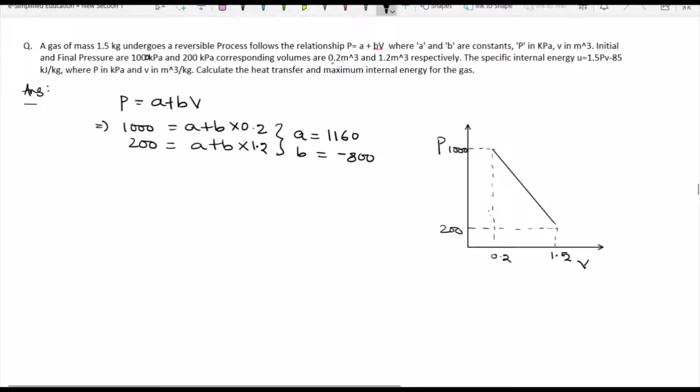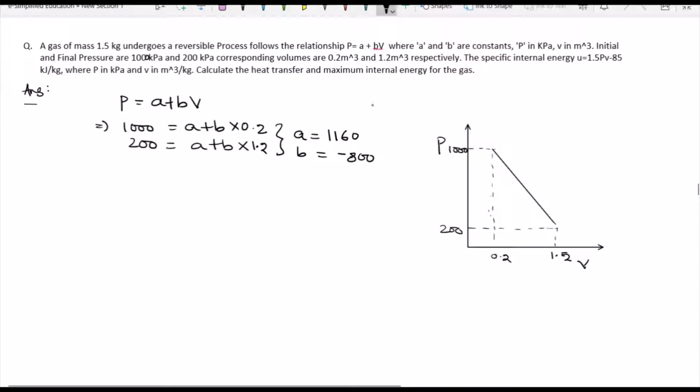Corresponding volumes are 0.2 meter cube and 1.2 meter cube respectively. The specific internal energy is given as a function of pressure and volume, that is 1.5 pressure into volume minus 85 in kilojoule per kg, where P is in kilopascal and V in meter cube per kg. Calculate the heat transfer and maximum internal energy for the gas.